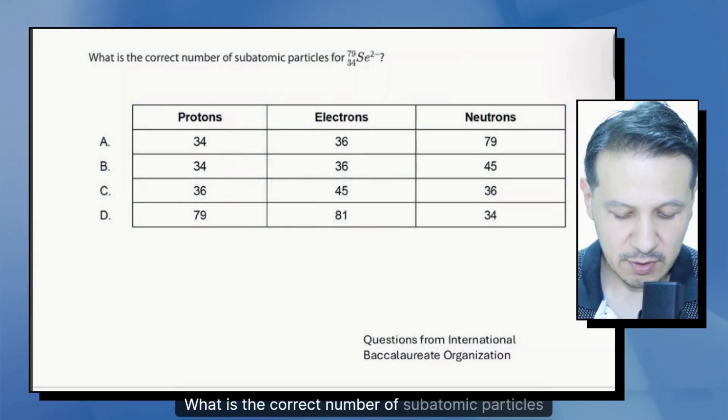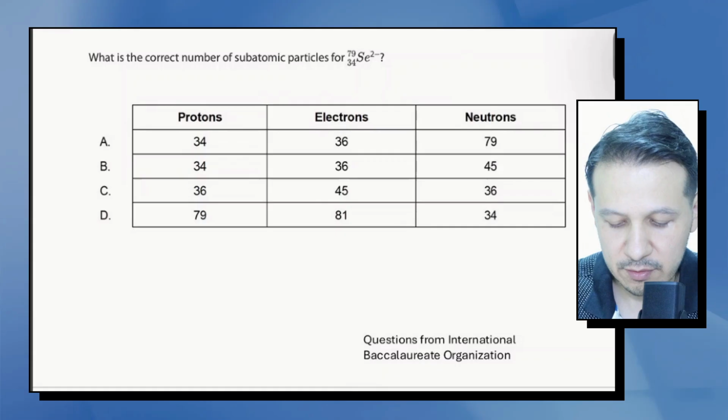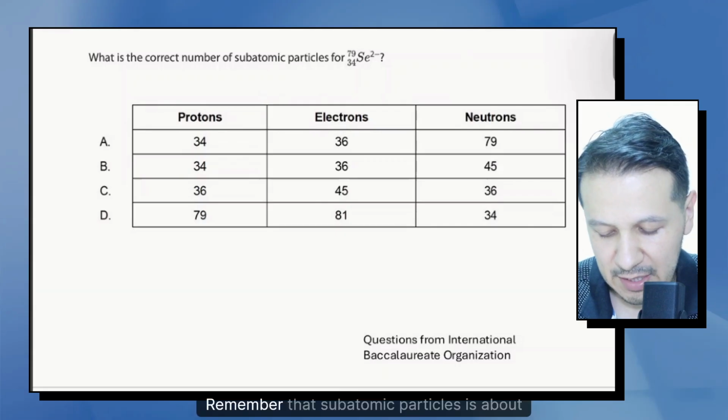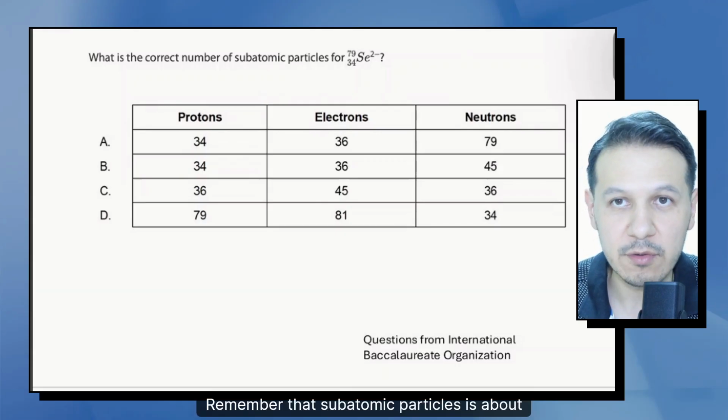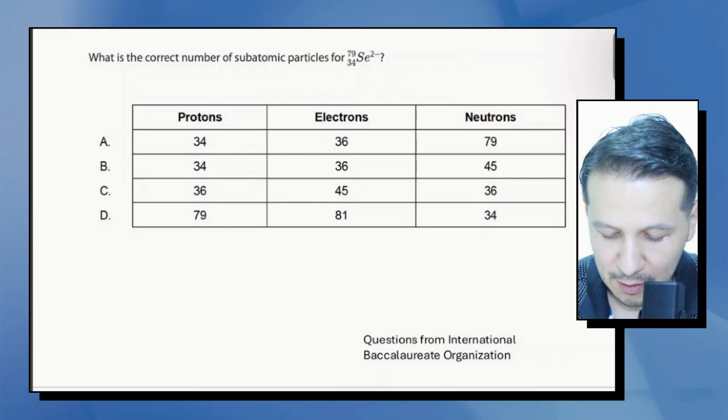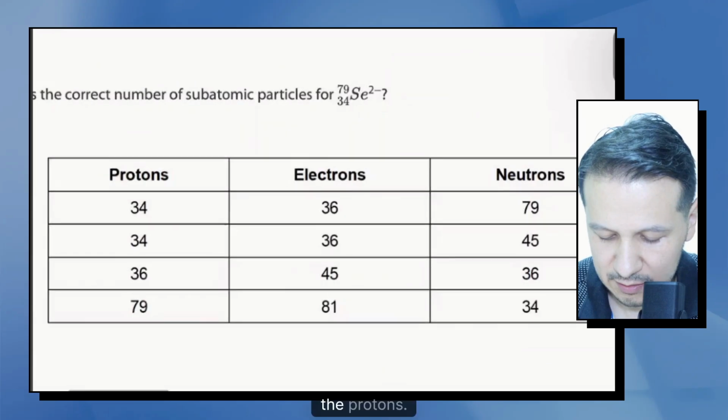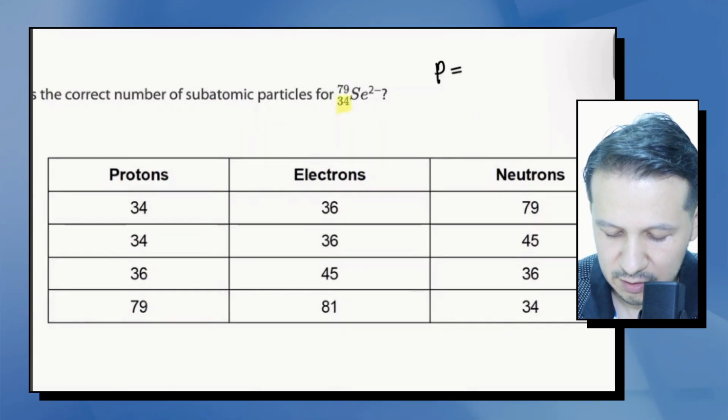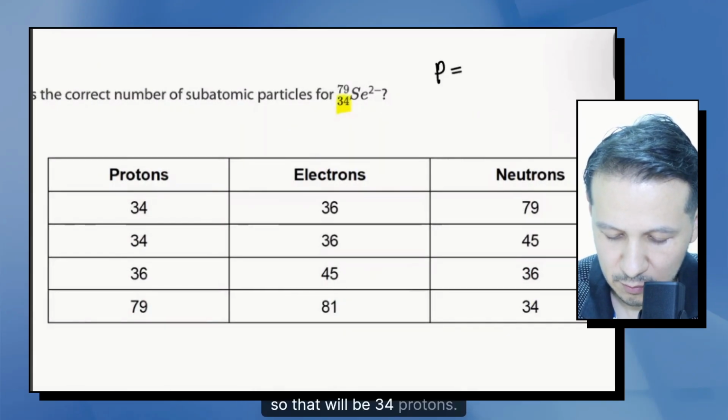What is the correct number of subatomic particles for selenium 79? Remember that subatomic particles are protons, electrons, and neutrons, okay? Now, the first part is the proton. That number will never change, so that will be 34 protons. Then we need electrons.